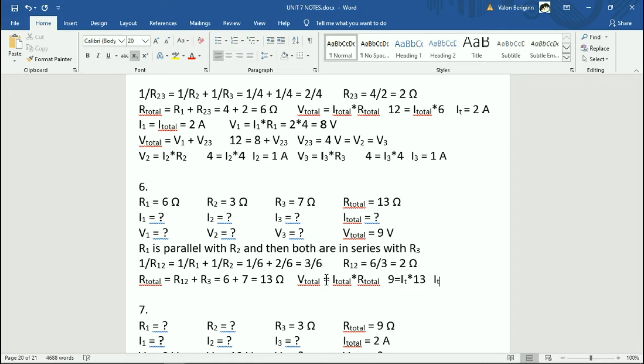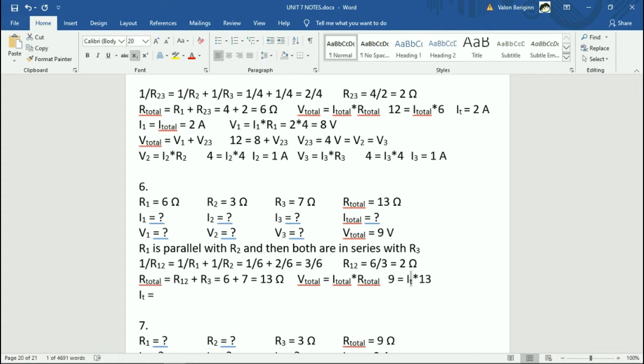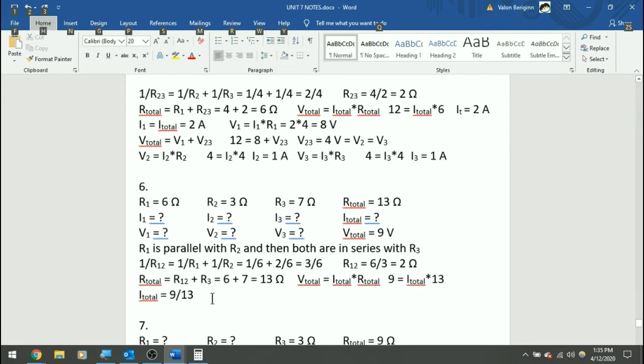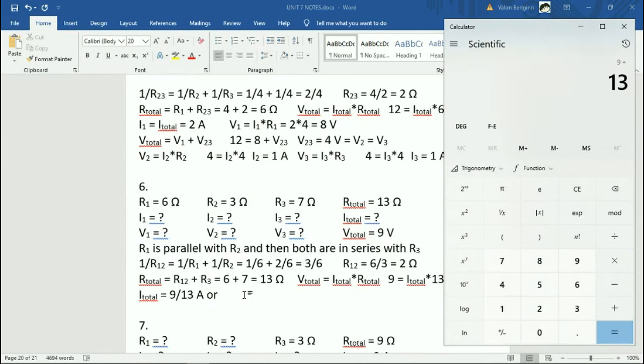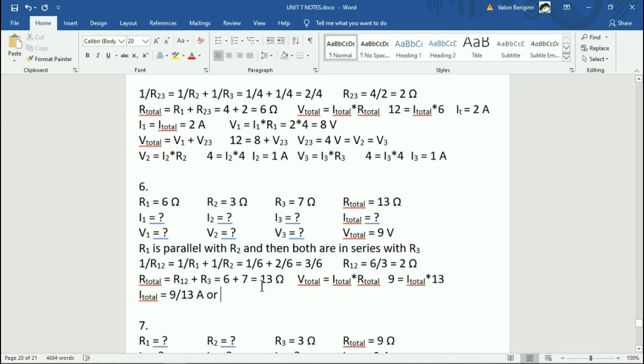So I_T equals 9/13 amps, or what is 9/13? I don't know. That's 0.6923. Okay.